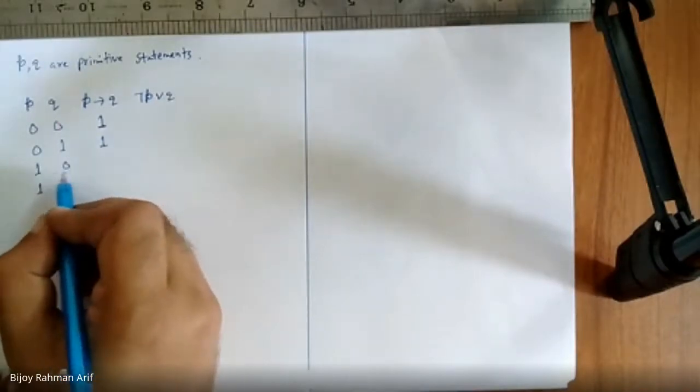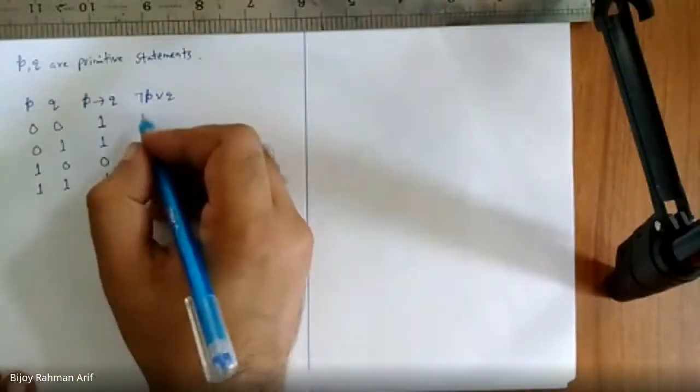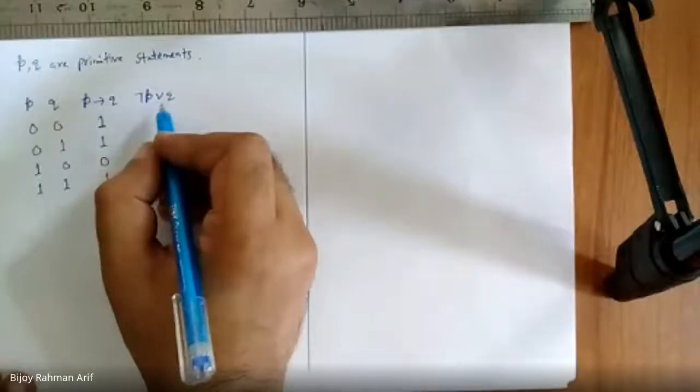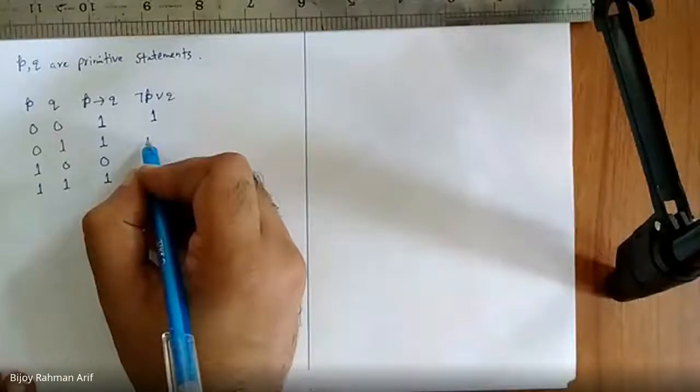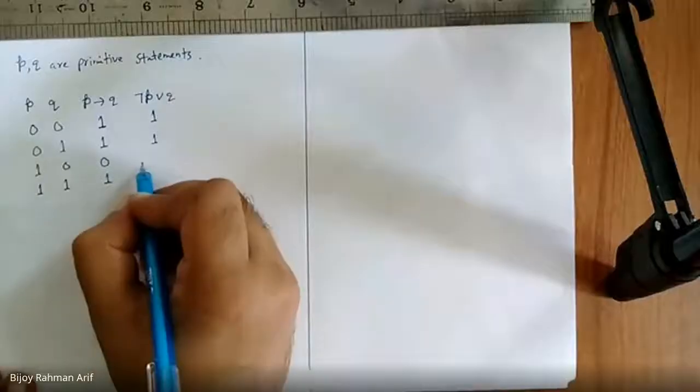What is the truth value for this? 0. This one is 1. How about this? 1. How about this? 1, this is also 1. How about this? 0. How about this? 1.